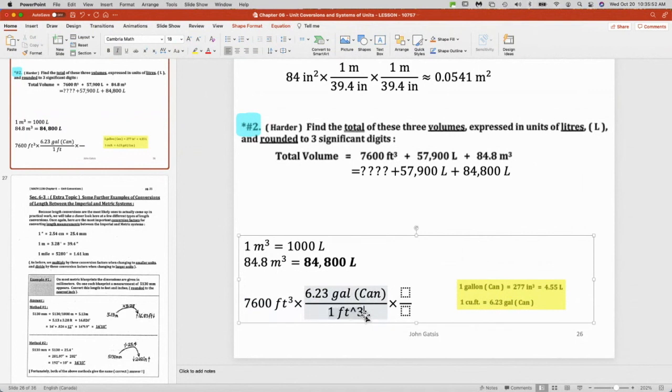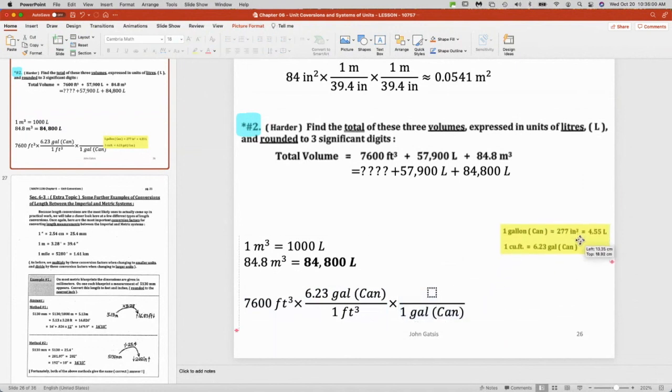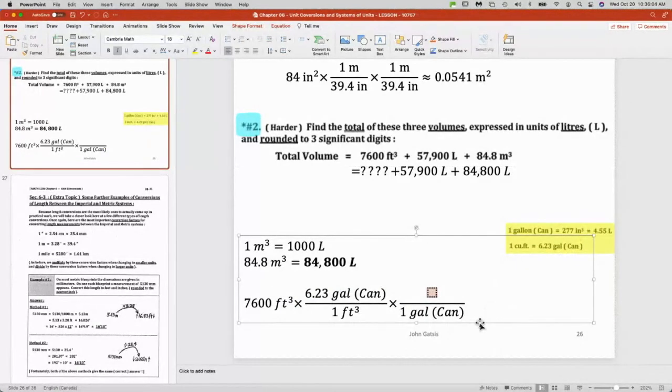And then I know that 1 gallon Canadian is 4.55 liters. So there you go. We have the goods, okay?